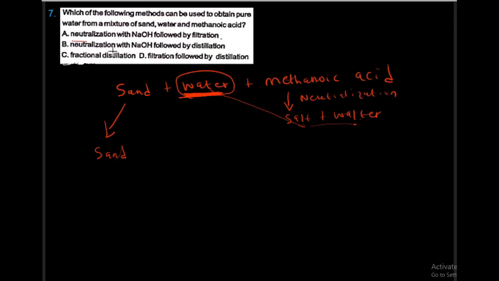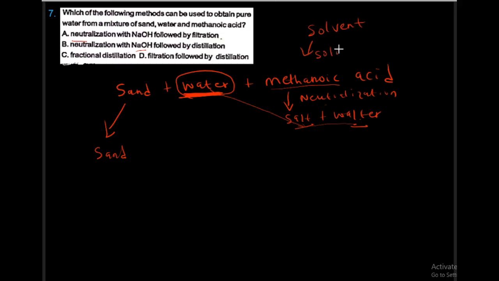Option B now says neutralization with sodium hydroxide followed by distillation. It makes sense. This is correct. Let me explain now. Neutralization with sodium hydroxide is going to convert this to salt and water. And then distillation. Remember, distillation is used whenever we want to get the solvent from the solution.